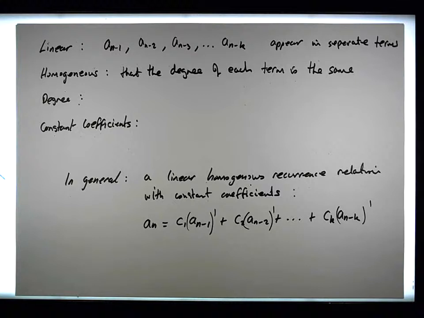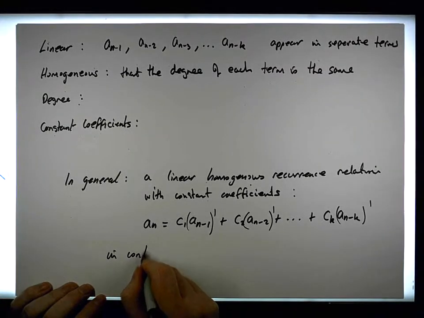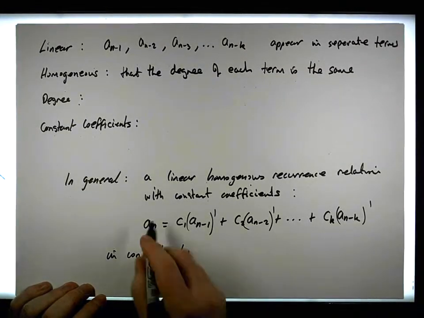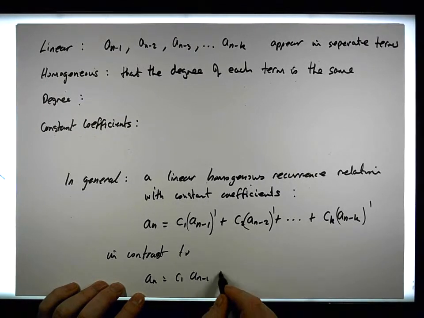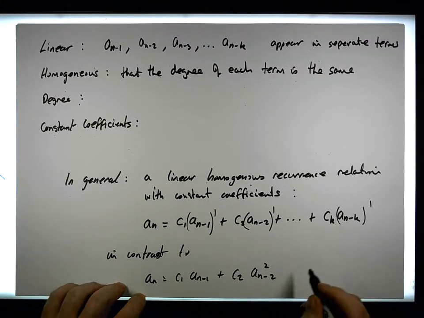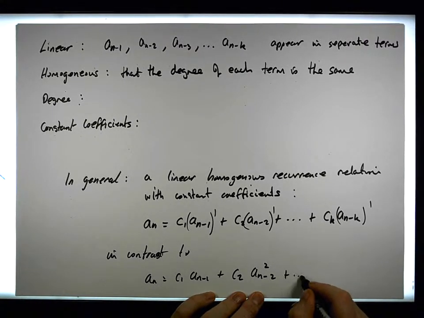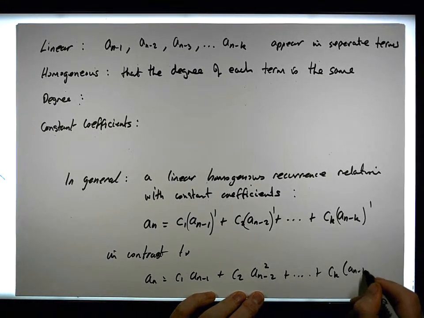In contrast, let's say a of n is equal to c1 times a of n minus 1 plus c2 times a of n minus 2 squared, plus all the way down to c of k times a of n minus k to the 1.